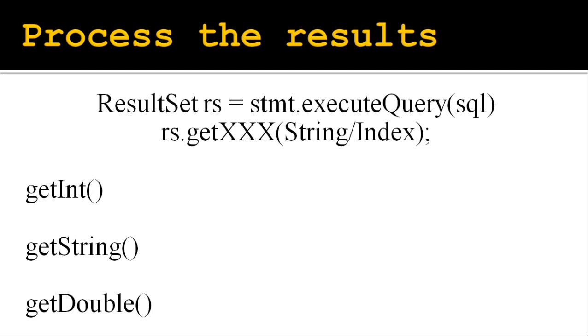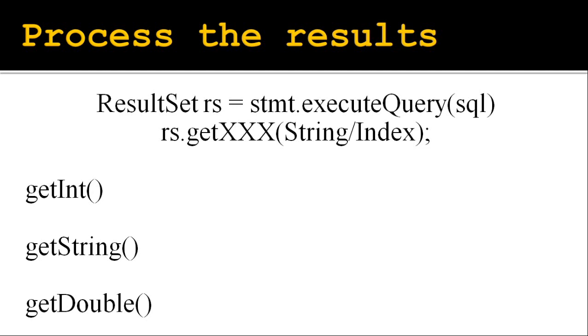The string is the name of the column. The index is the column index, which means the first column has index value 0, the second column has index value 1. Based on these index positions, we access the tabular column data.